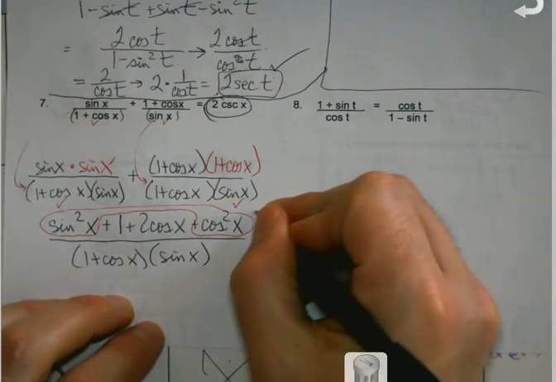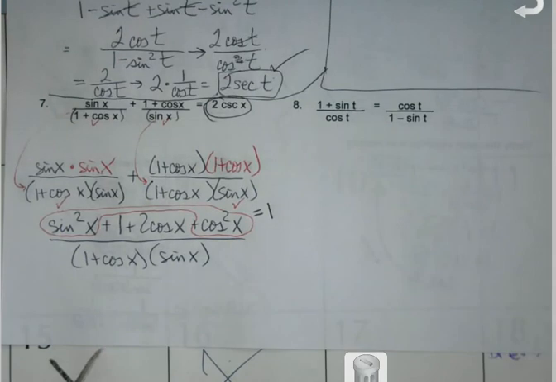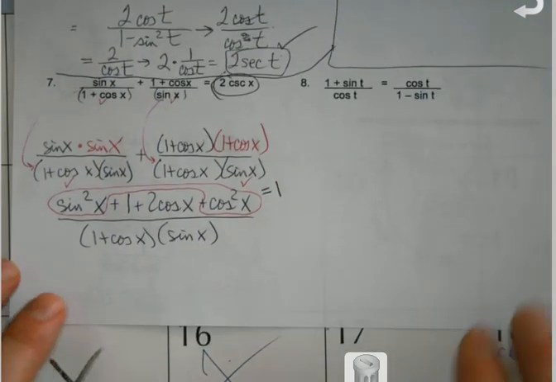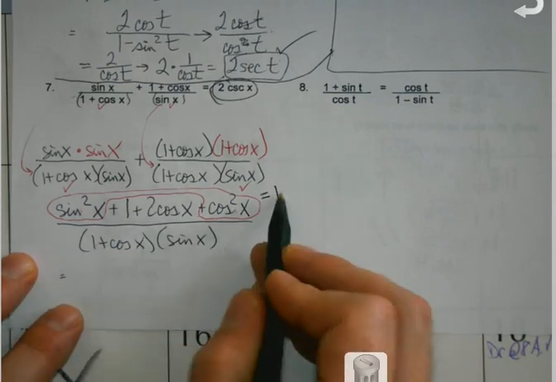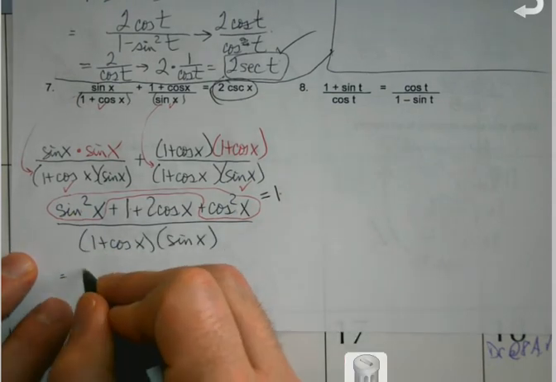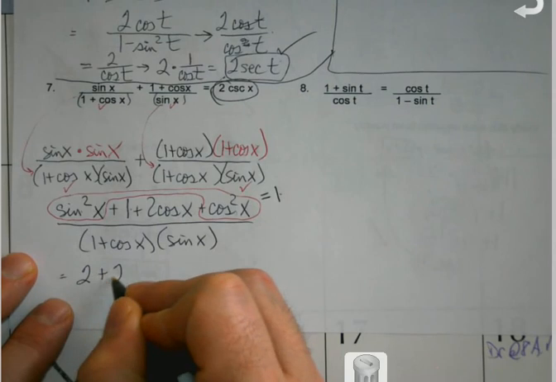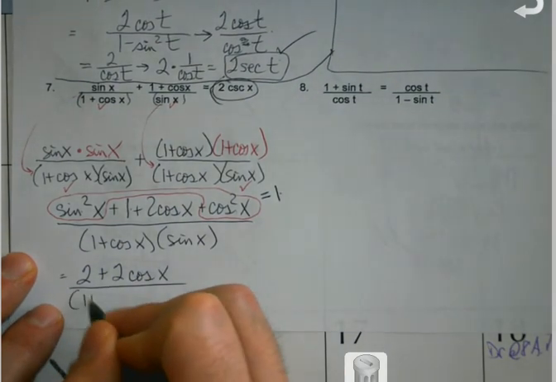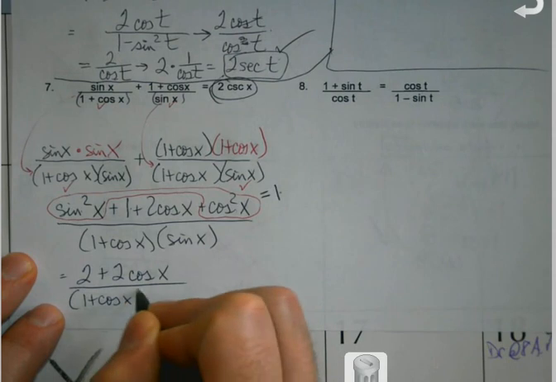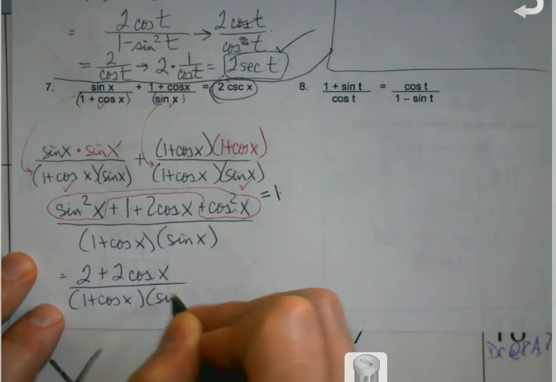Ooh. Which equals 1. So my next step becomes, okay, so if this is all 1, 1 plus 1 would be 2 plus 2 times the cosine of x, and believe it or not, we're getting close.